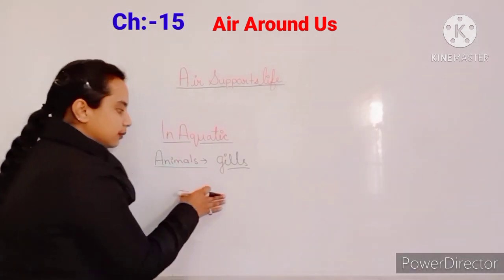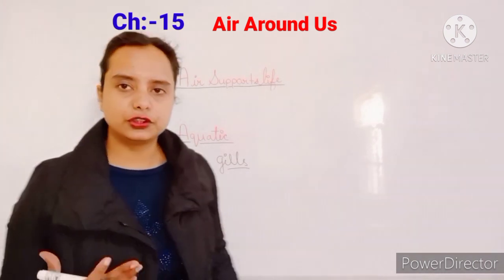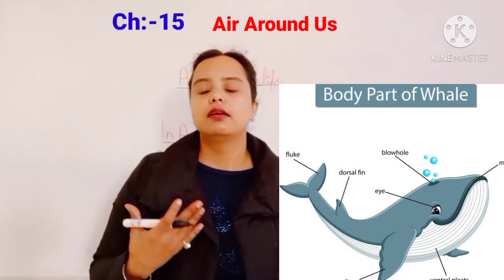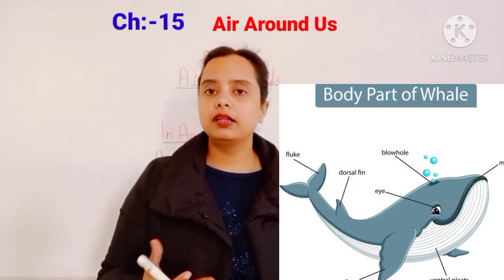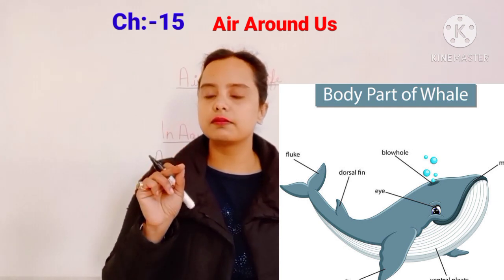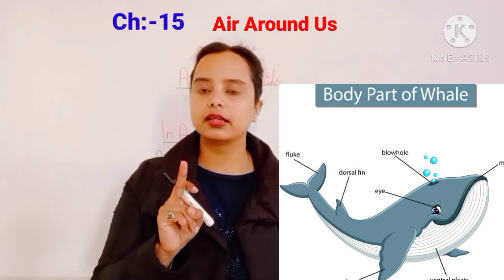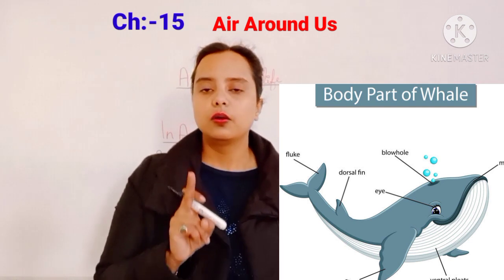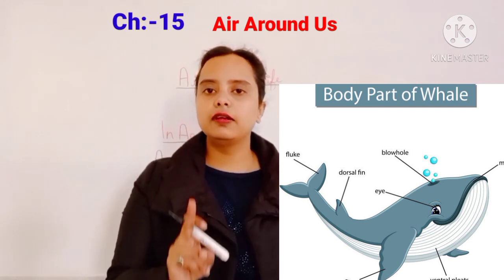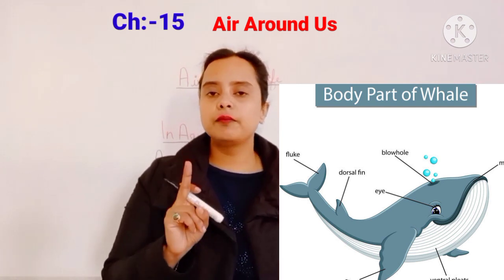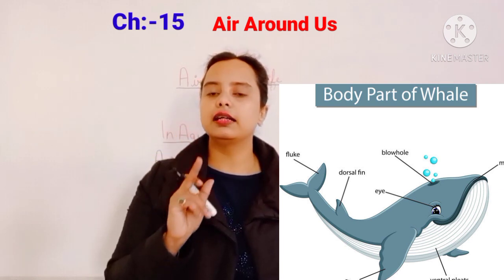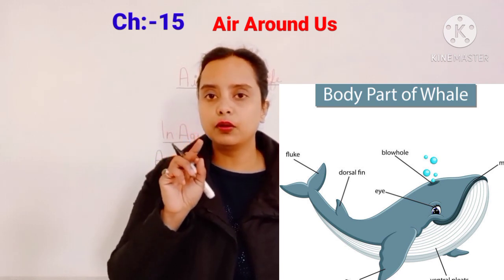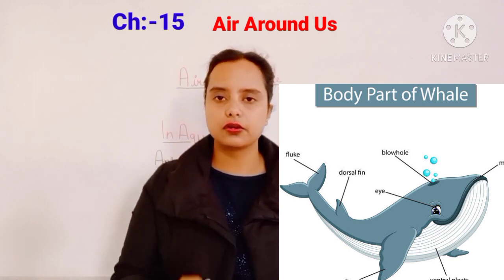Now there is an exception in some aquatic animals like the whale and the dolphin. They have blowholes because they do not have gills, they have lungs. On the head of the whale and the dolphin there is a blowhole, which is known as a nostril.